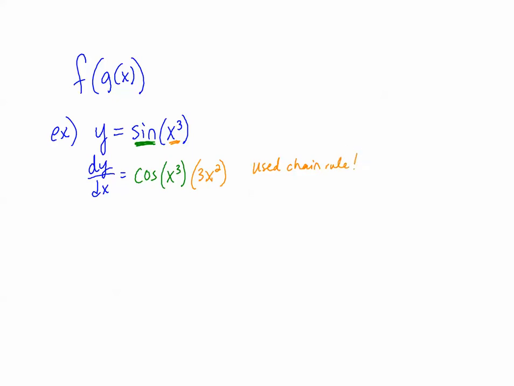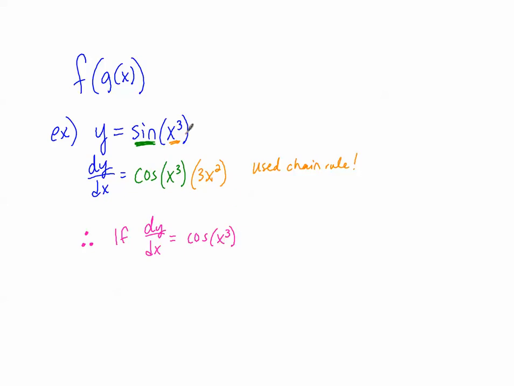Well, now we're going backwards. So if we have cosine of x cubed, this is what we say today. Let's say that if dy dx is cosine of x cubed, how am I going to go backwards?